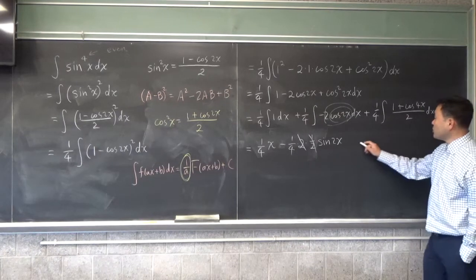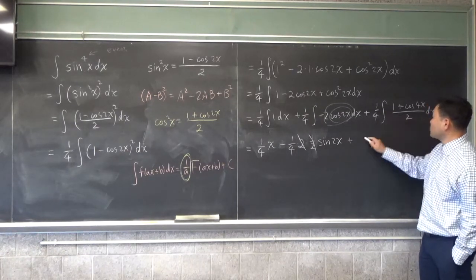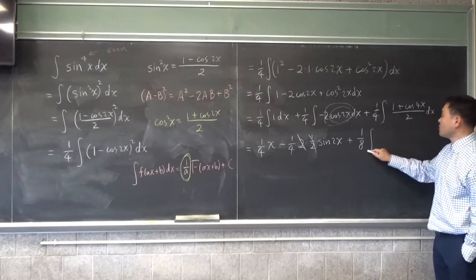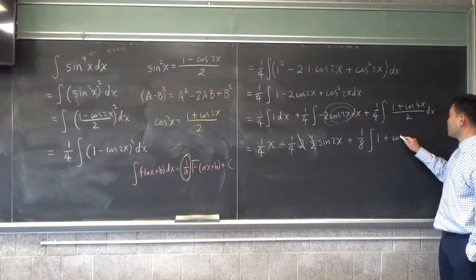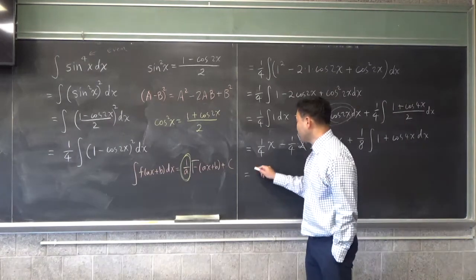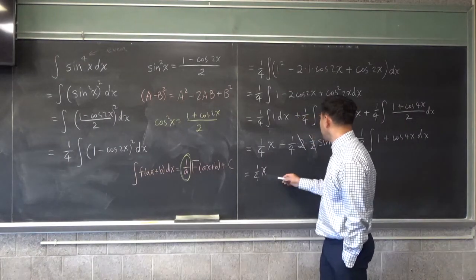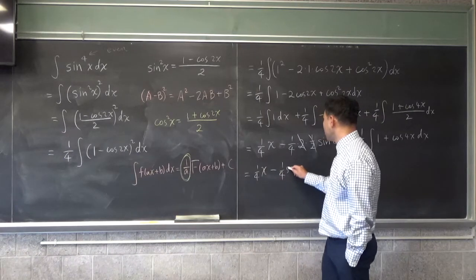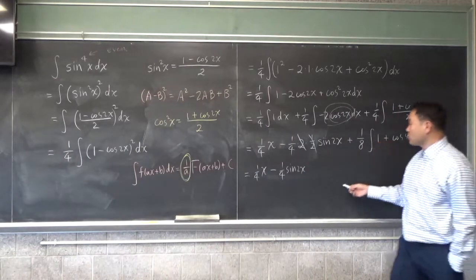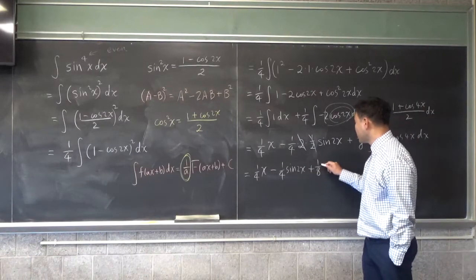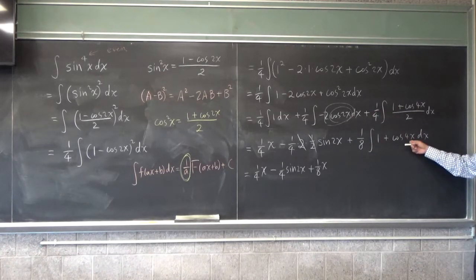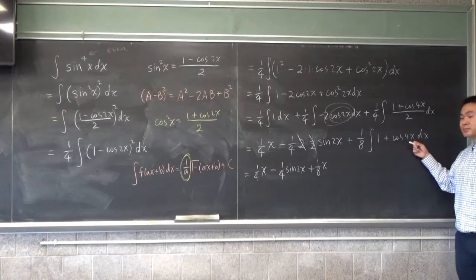Okay, well, this one is again, that's 1/8. 1/4 times 1/2 will be 1/8. And you still have to integrate 1 plus cosine 4x dx. Let's see, that's 1/4 of x minus 1/4 of sine 2x. 1 integrates to x, so there will be another 1/8 of x. And then let's think about this one. What's the antiderivative of cosine 4x? What would you get?